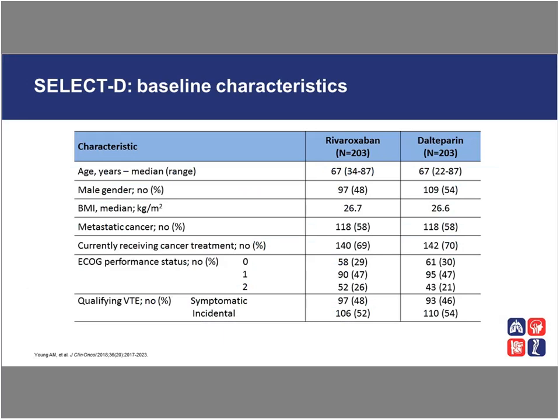We note again, amongst the patients that were randomized to rivaroxaban or dalteparin, that the median age is around 67, similar to the Hokusai cancer study. 48% were male versus 54% in the dalteparin group. 58% had metastatic cancer in this study, a bit more in the Hokusai cancer VTE study.